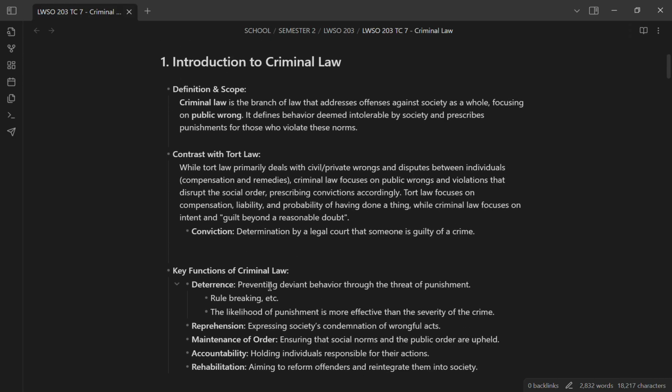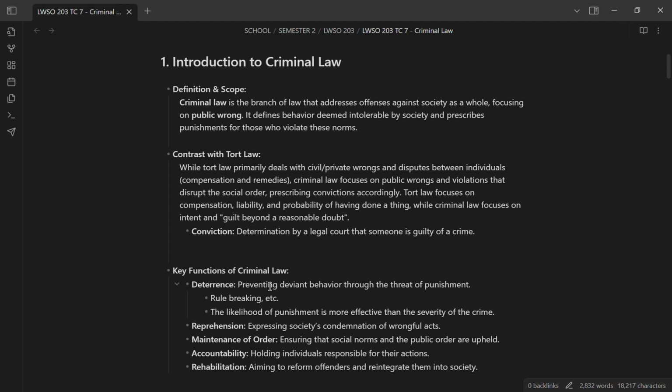How does it contrast with tort law? When we were talking about tort law, we talked about how tort law contrasts with criminal law. We touch on the exact same things here, but from the other perspective. Tort law primarily deals with private and civil wrongs and disputes between individuals, with compensation and remedy being the focus of the resolution.